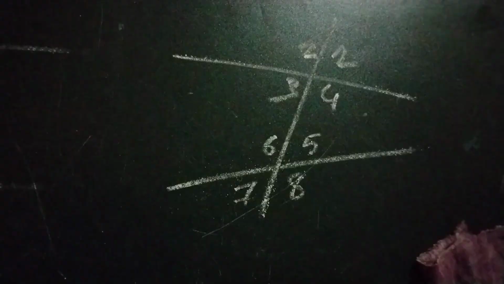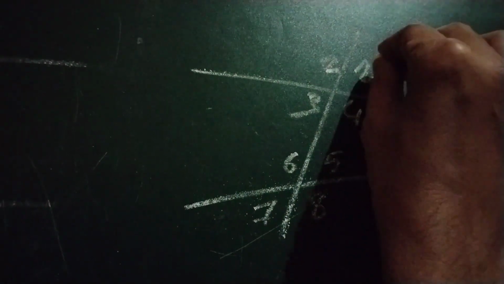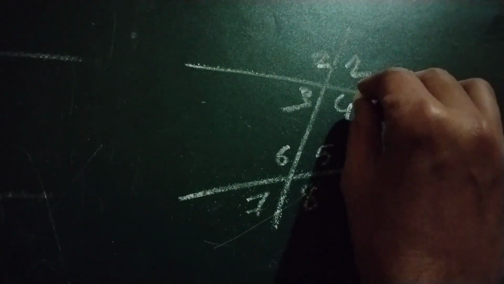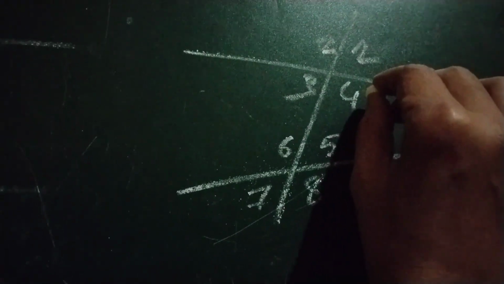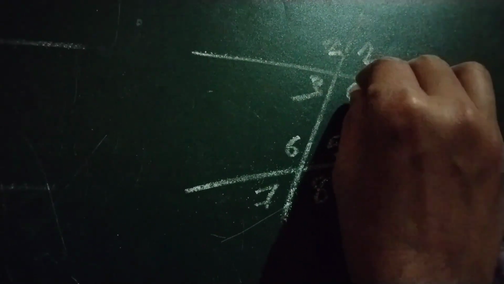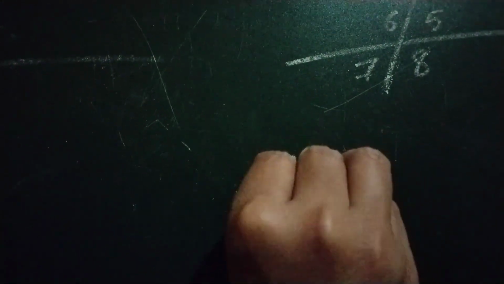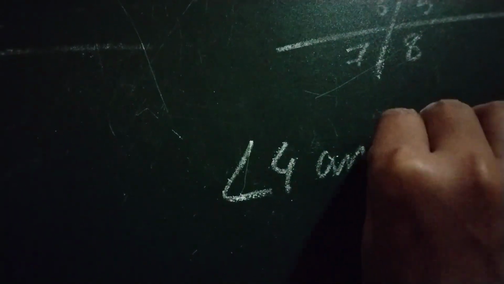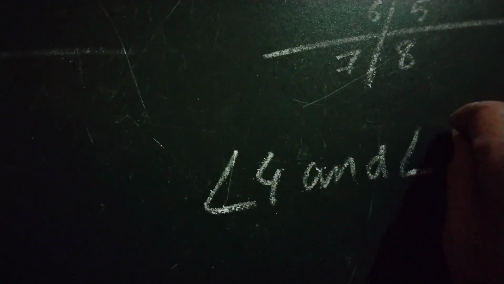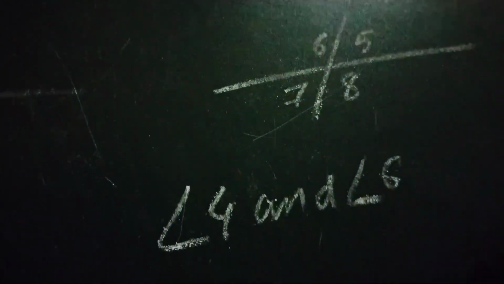Now we will discuss a different scenario. Here the line segments are not parallel and the transversal intersects the line segments. Here also we will get 8 angles, and these angles also have some properties. Let's see. Here we also get the alternate interior angles, like angle 4 and angle 6.